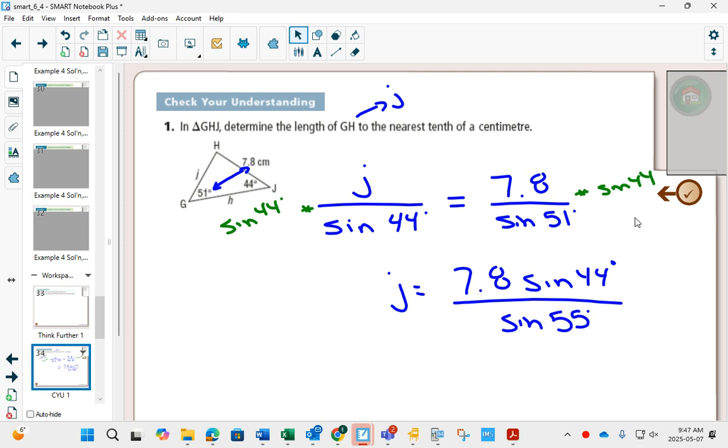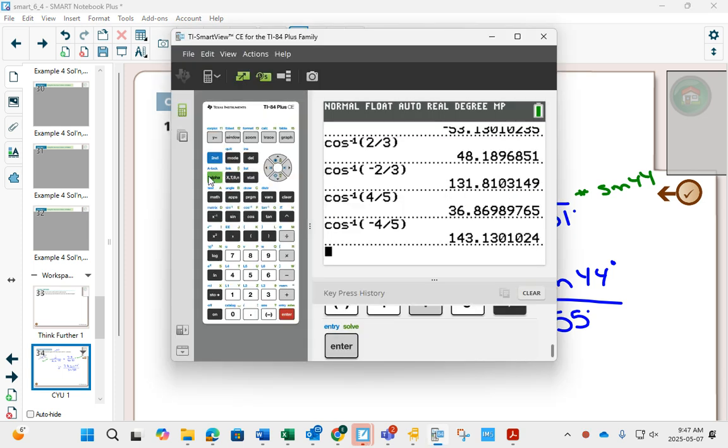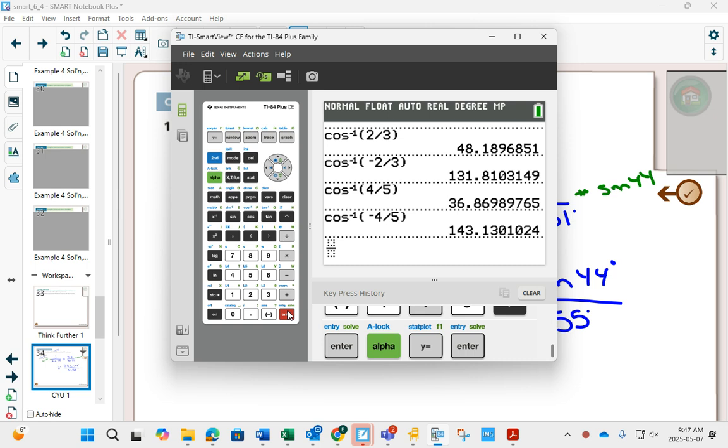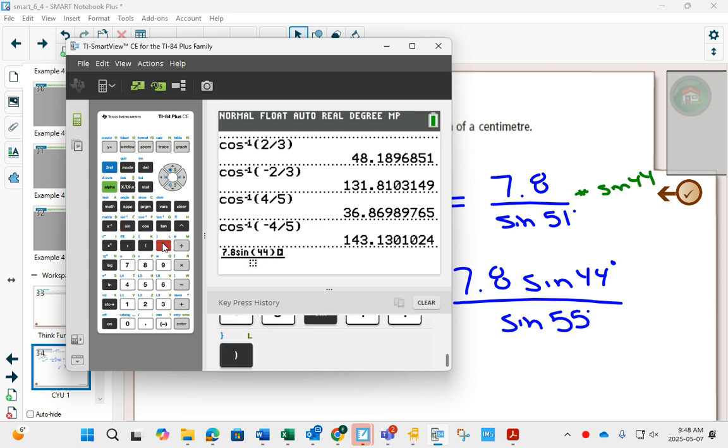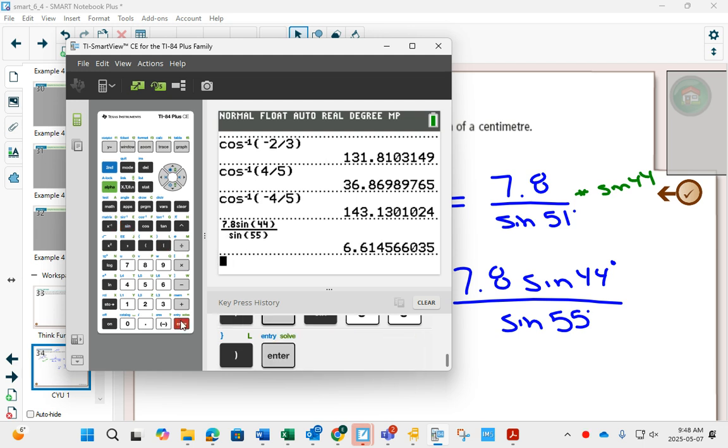Now we can go to our calculator. You have the fraction button. It's really nice because you can make it look exactly the same as you had here. So it's 7.8 sine of 44 divided by sine of 55. And I push enter.